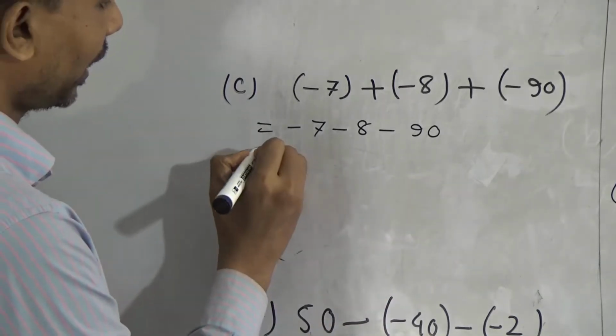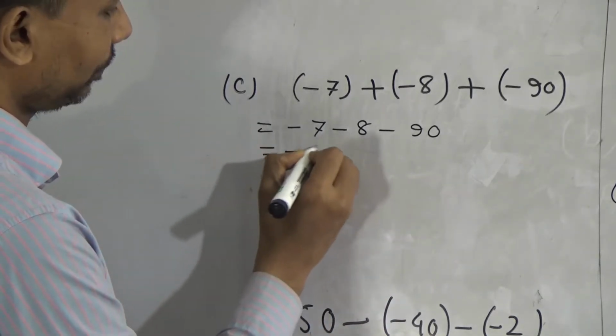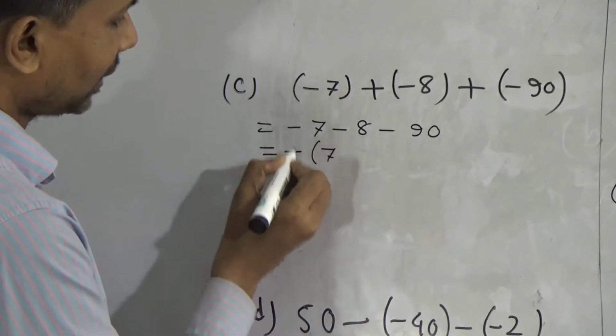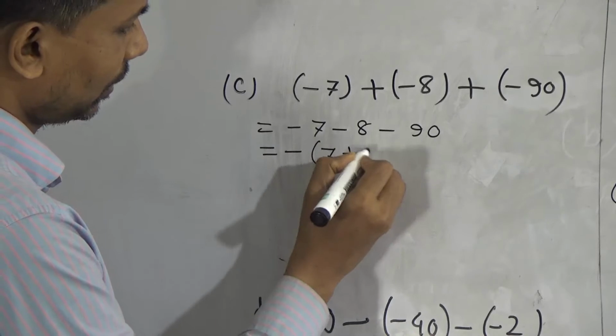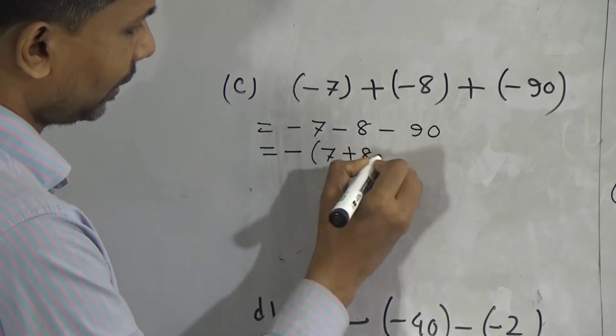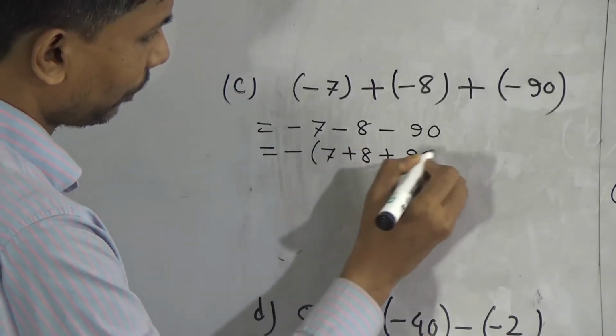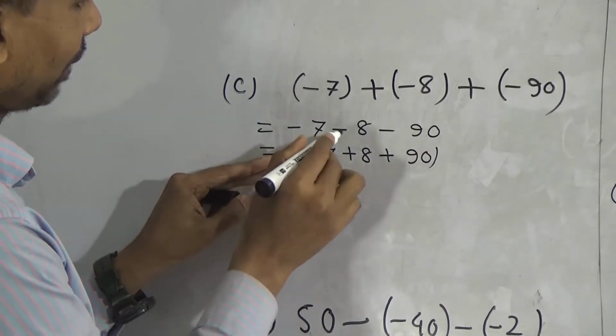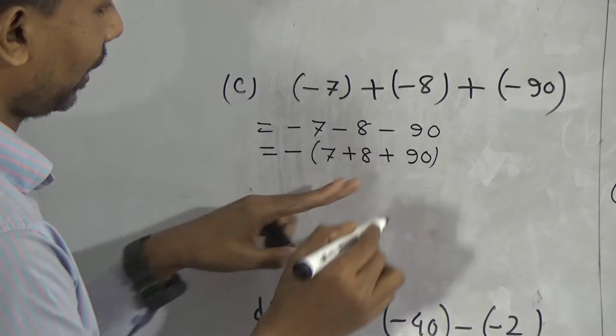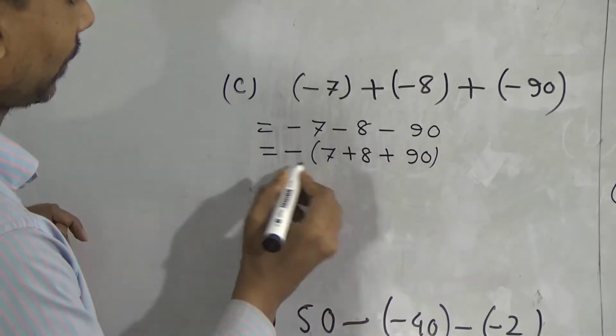Now you have to take the common minus, then 7, minus and this minus, plus 7, 8, minus and this minus 90. Okay student, minus plus, minus plus.